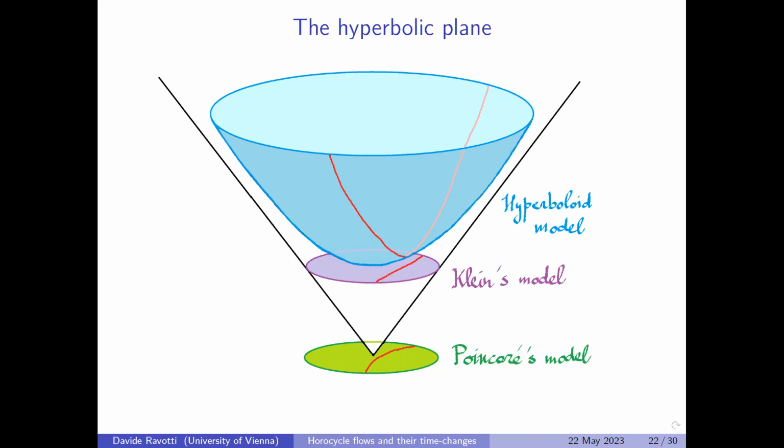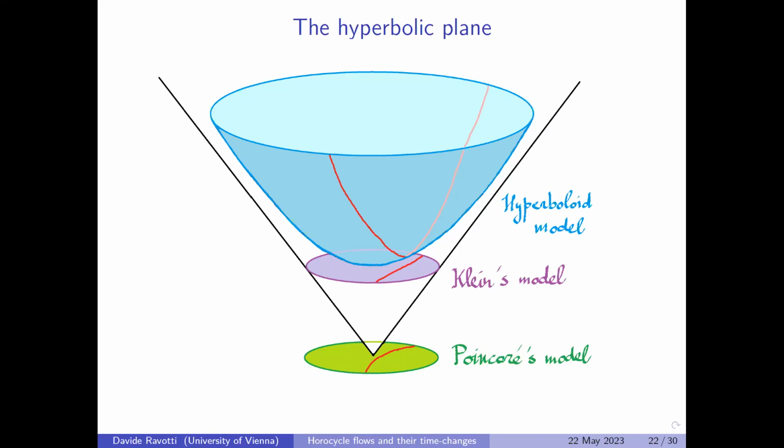There are some other models for the hyperbolic plane that you might have seen before. One other model is the so-called Klein model, that is the interior of a disk. Another model, where again the space is the interior of the unit disk, is the Poincaré model. And here in red, I drew some geodesics in all these models. In the hyperboloid model, a geodesic is the intersection of the hyperboloid with a plane going through the origin.